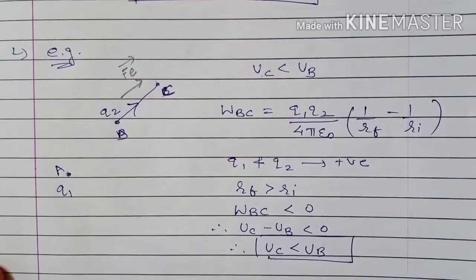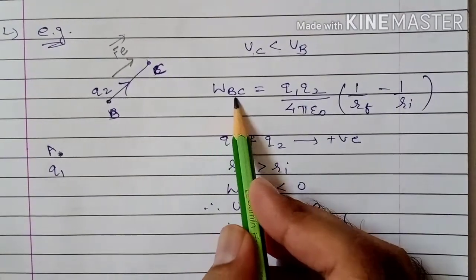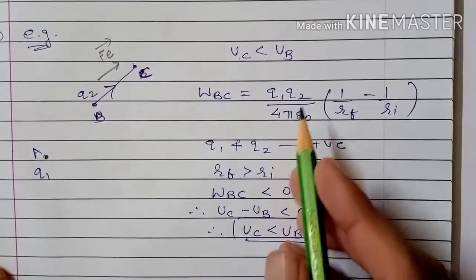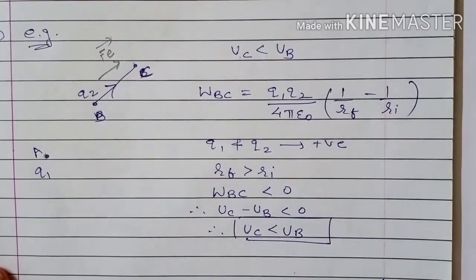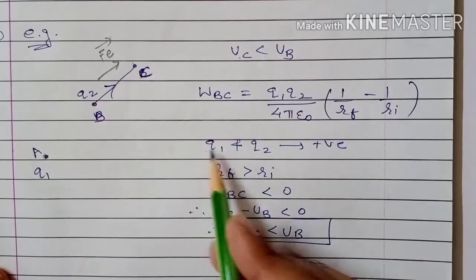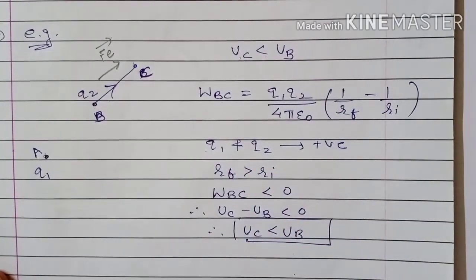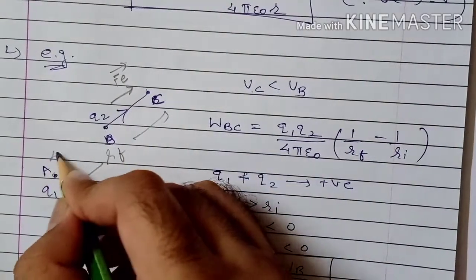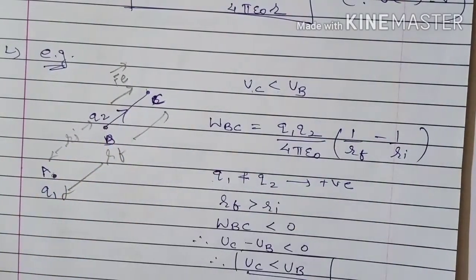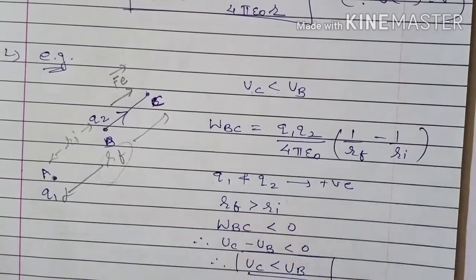Here we can say final potential energy, that is, potential energy at point C, is less than potential energy at point B. How? Work done in moving charge from B to C is given by this relation, Q1 Q2 upon 4 pi epsilon naught into 1 upon Rf minus 1 upon Ri. Q1 and Q2 both are positive, and this is Rf and this is Ri. From the figure it is clear that Rf is greater than Ri.